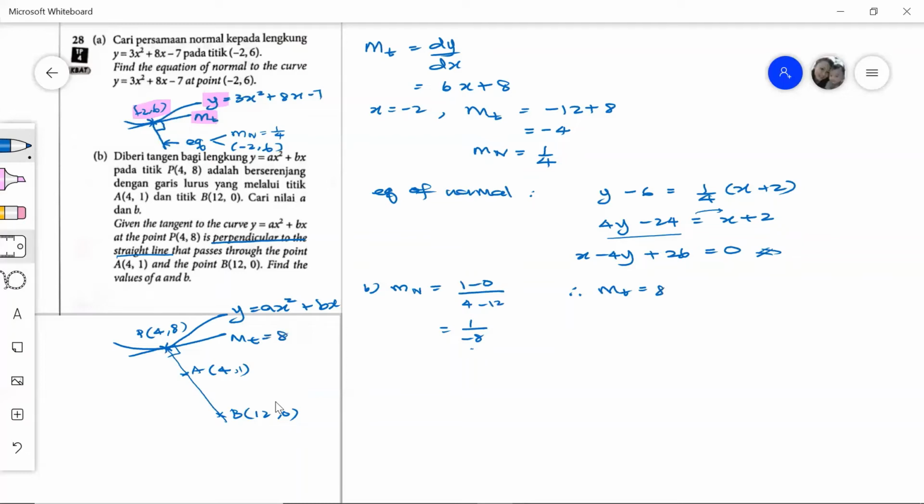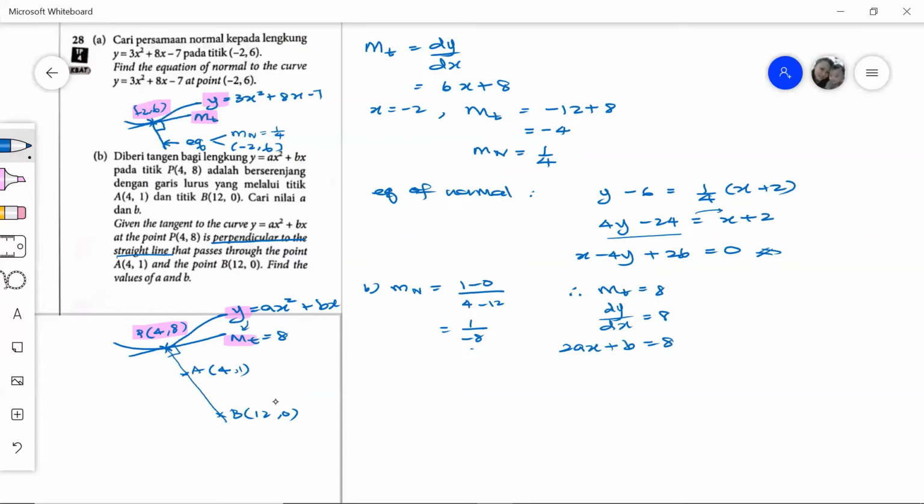So with this, our golden triangle, all right? Using this, how are they related? The gradient of the tangent is actually dy/dx. So now we have dy/dx equals 8. So what is dy/dx? We have 2ax plus b equals 8.